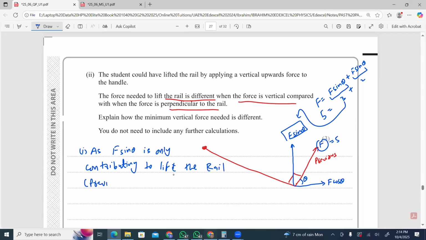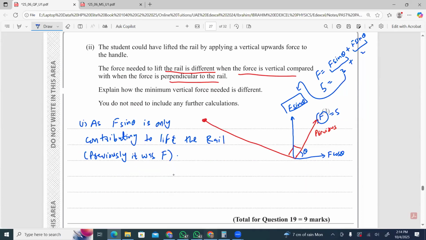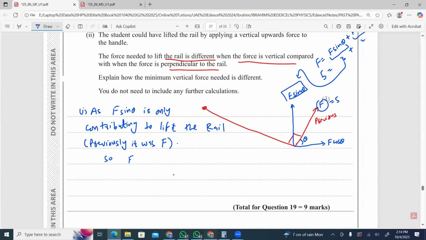Previously it was the full F. So of course F sine theta is less than F, right? Because of this, the sum of moments, the clockwise, is no more equal to the anti-clockwise.